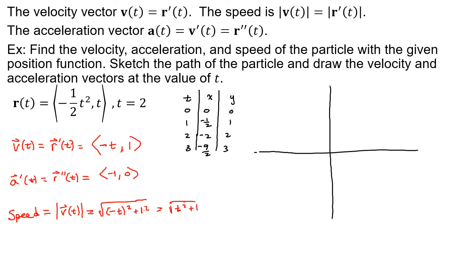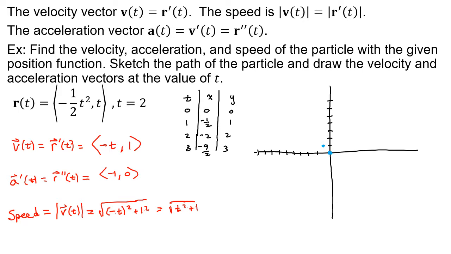It looks like we're going to be living pretty much on the left side of the axis here. The numbers that I picked are all going in the positive direction, so we'll do the positive direction only. I have the point 0, 0, which is right here. The point negative 1/2, 1 would be about right here.